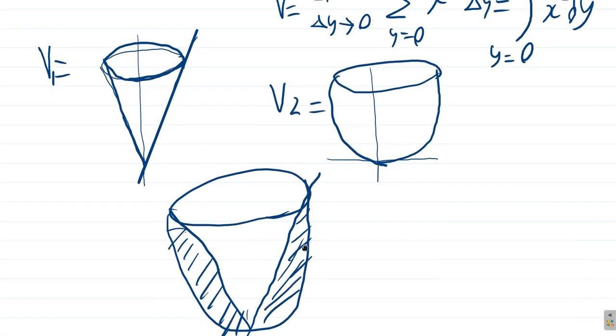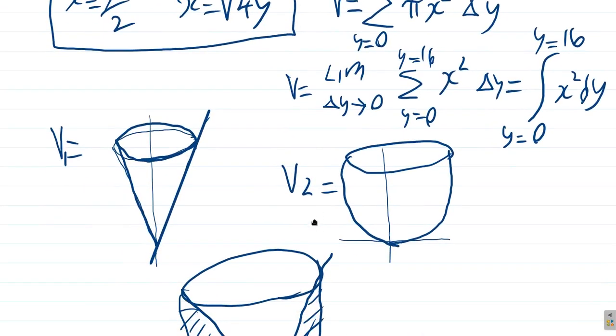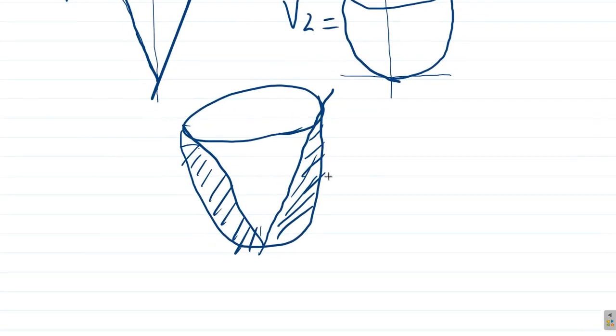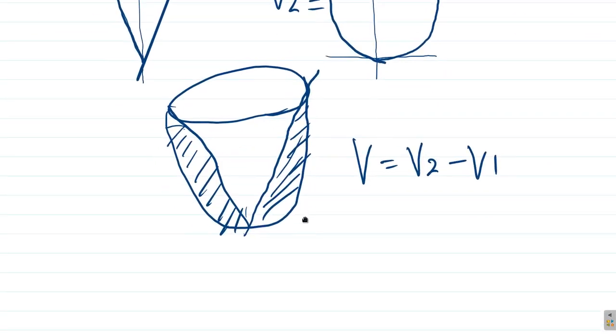All right, so we're going to subtract the volumes to make V. What should I call it? V total. Alright, let's just call it V. V is going to be V2 minus V1, because V2 would be larger. It's a bowl, and then V1 is the inside that you cut out.